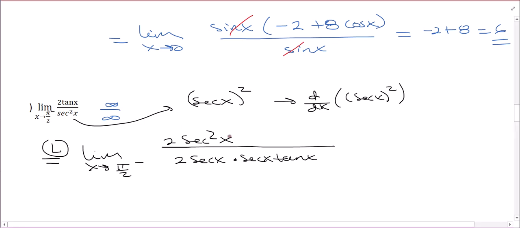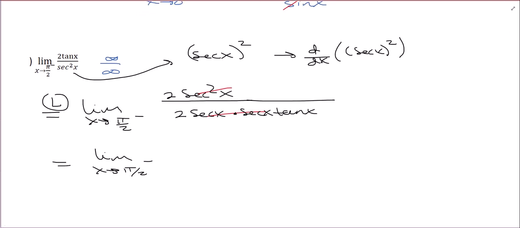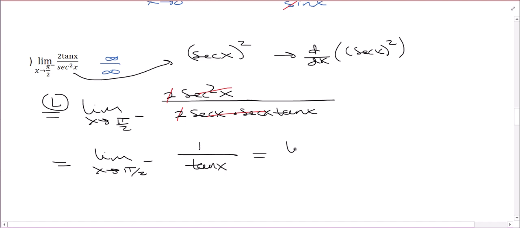And so that means we can cancel out our secant squared. So you're just left with the limit as x goes to pi over 2 from the left of, I guess we can also cancel out our 2's. 2 divided by 2 is 1. So we'll be left with 1 over tangent x, which is cotangent.